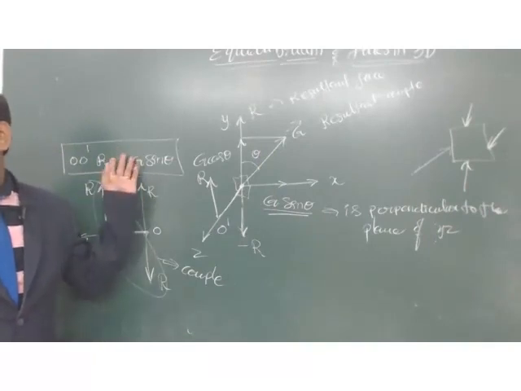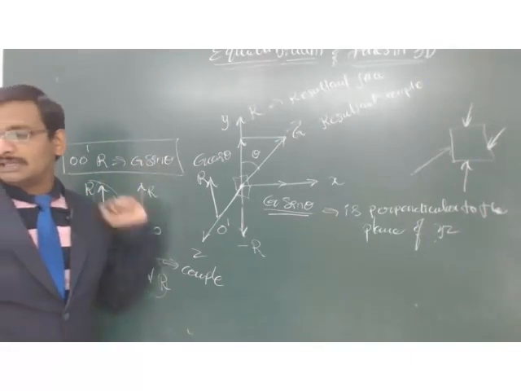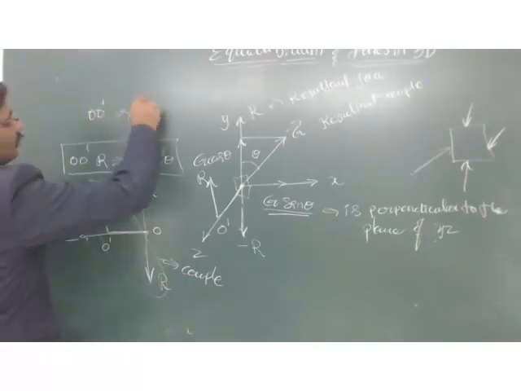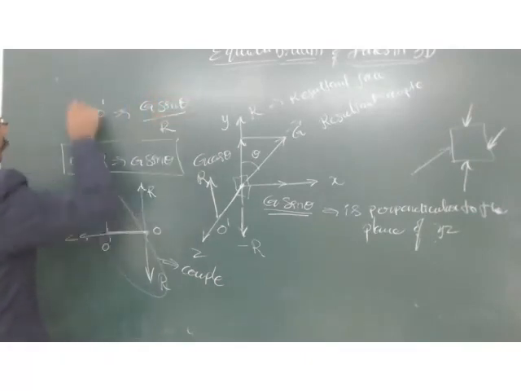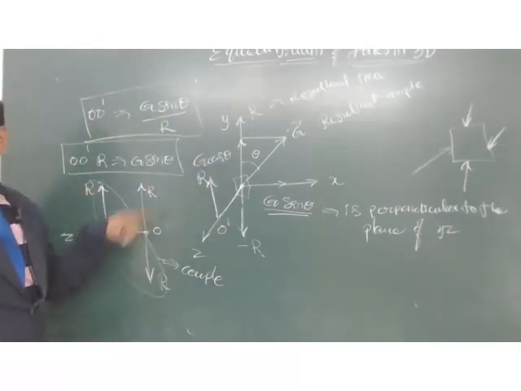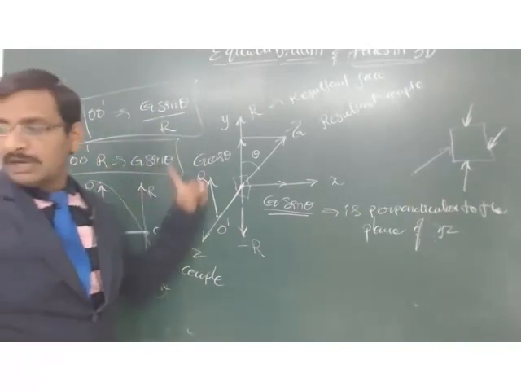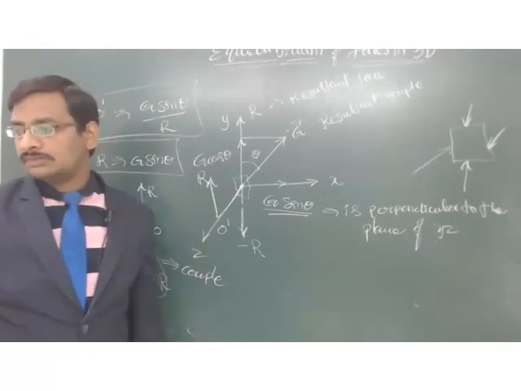So this way I can justify that the perpendicular distance multiplied by r is equal to g sin theta, which essentially means that this O dash value should be equal to g sin theta by r. So if I select the O dash point such that it is equal to g sin theta by r, definitely this statement has to be true. Got it?